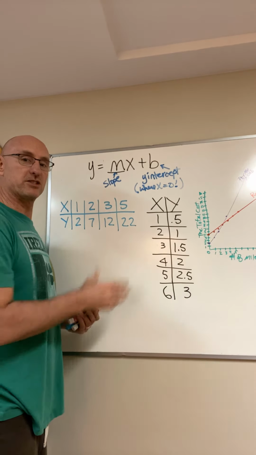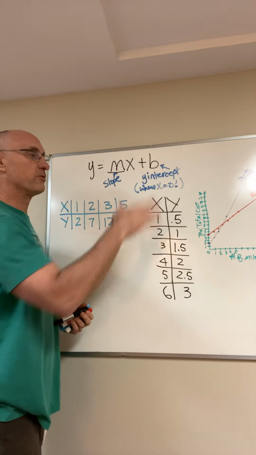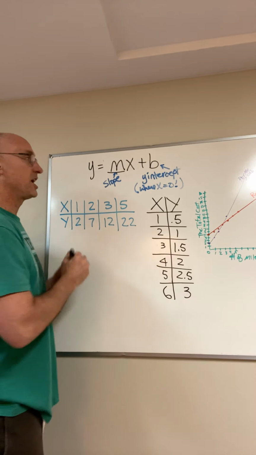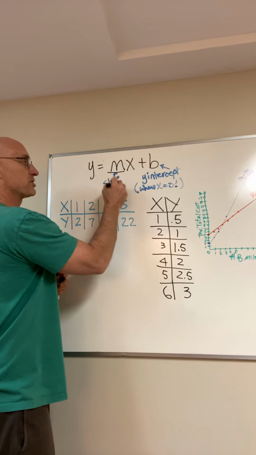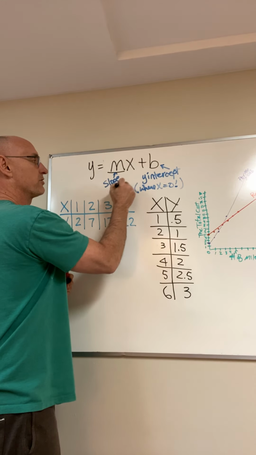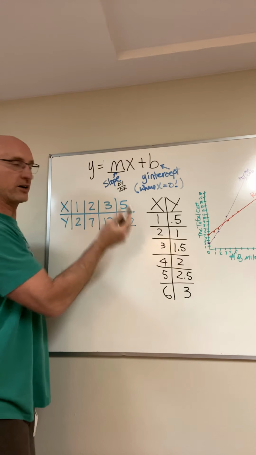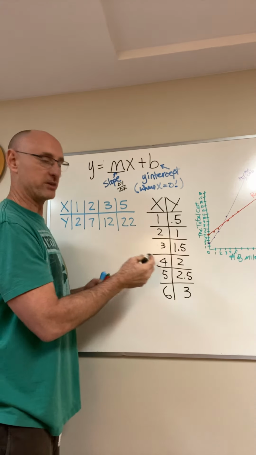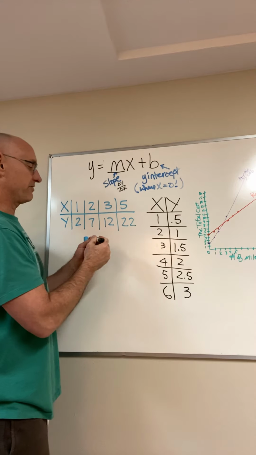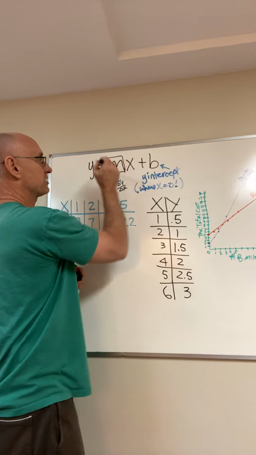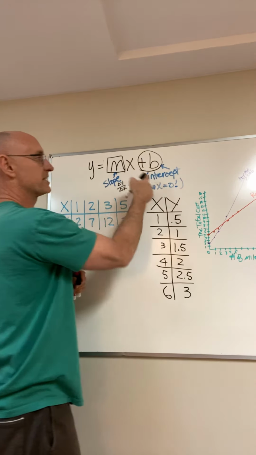That's how much the graph goes up and over, or how much the numbers change in the y department. Remember, slope is change in y over change in x. So we're talking about how much the y goes up by how much the x goes up. And then the very last part is the y-intercept.